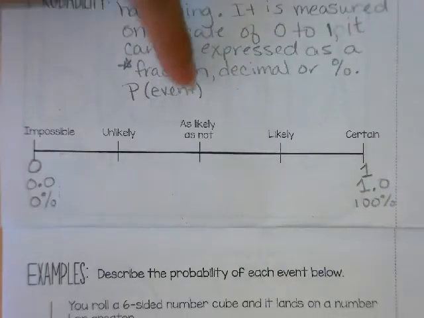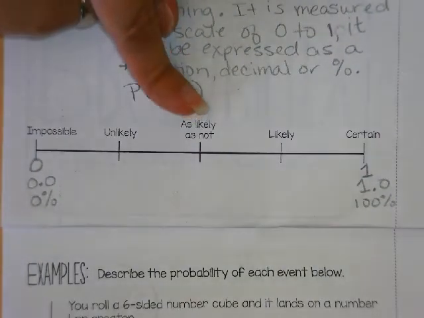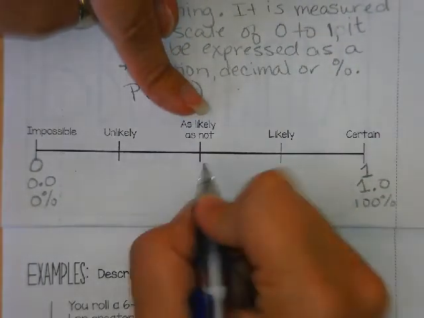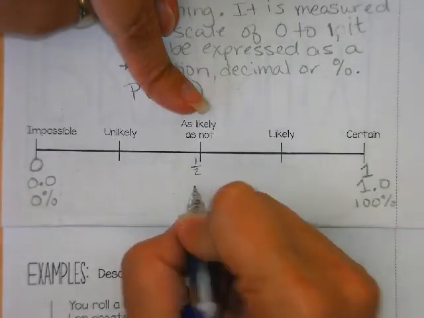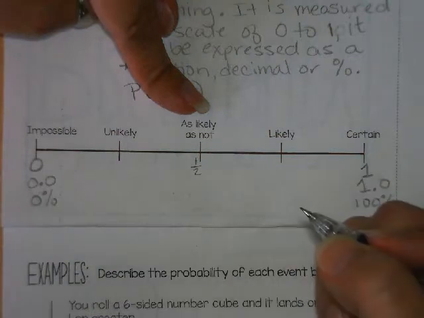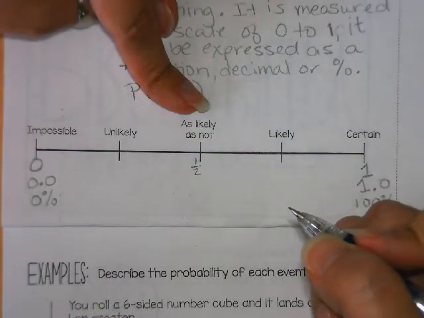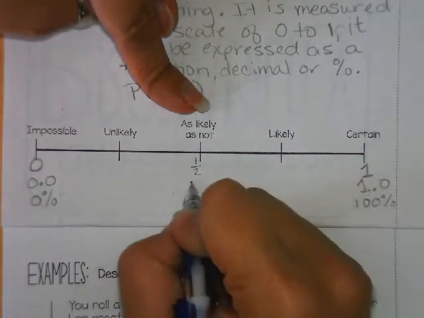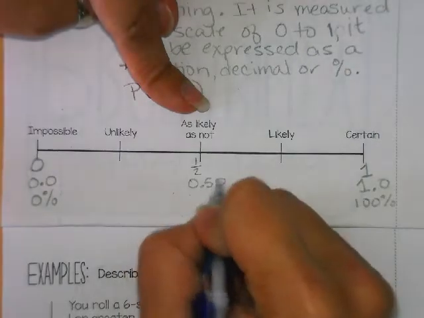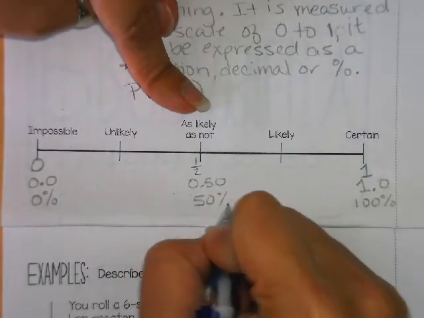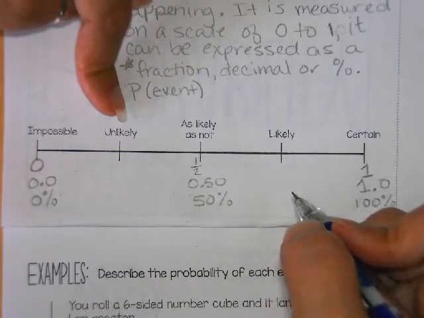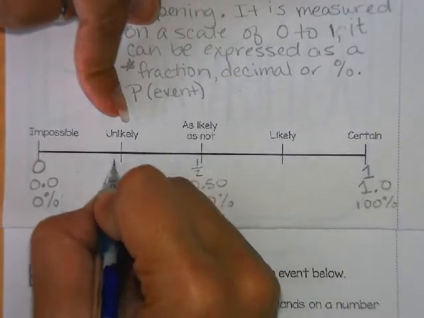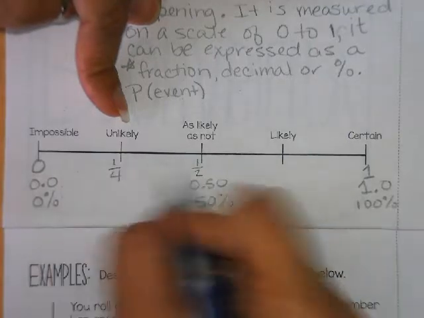If it is as likely as not, so that's a 50-50 chance, then that is a probability of 1 out of 2. It's going to rain today. We have a 50% chance of that happening. It either is or it isn't. And then we have unlikely. Like, it could happen, but probably not. But maybe, so maybe 1/4 is fairly unlikely.